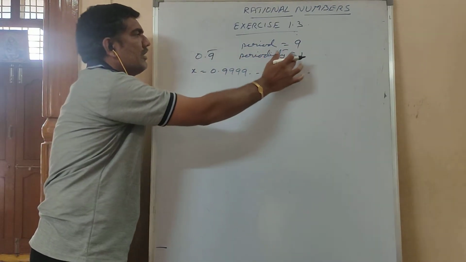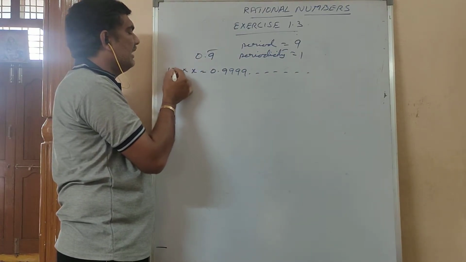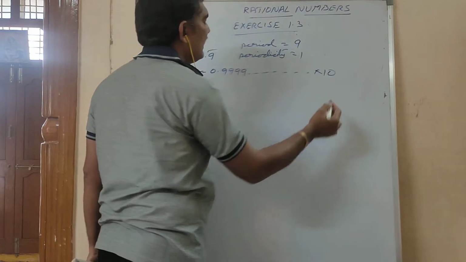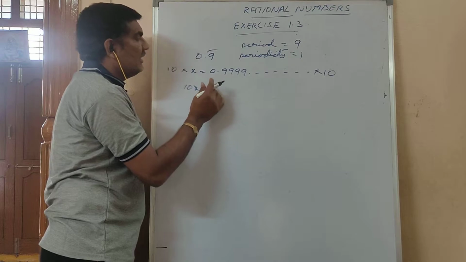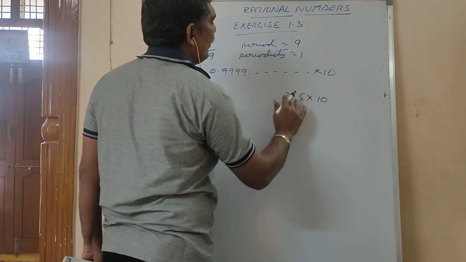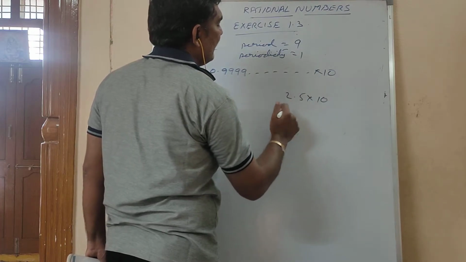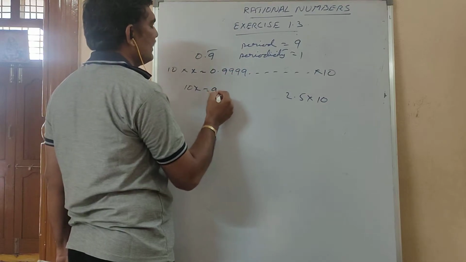Now, since periodicity is 1, you have to multiply both sides with 10. X into 10 means 10 into x is 10x. If you multiply any number with 10, the point will move to the right side. If you divide with 10, the point will move to the left side.